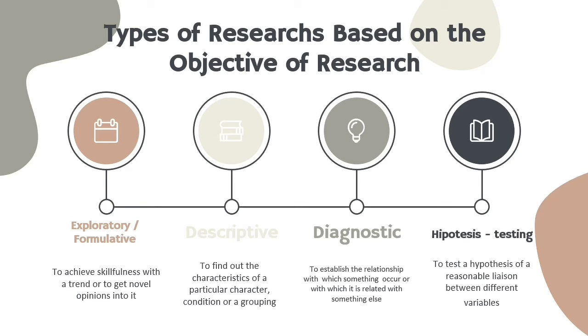And the third is diagnostic. This is to establish the relationship with which something occurs or with which it is related to something else. And the last is hypothesis testing. It is to test a hypothesis of a reasonable relation between different variables.